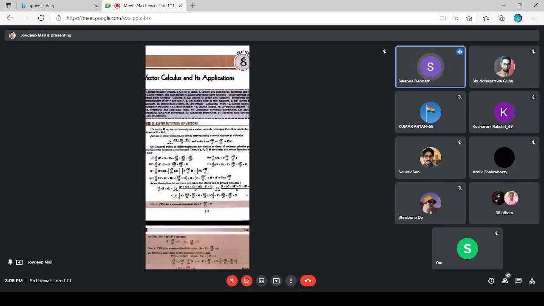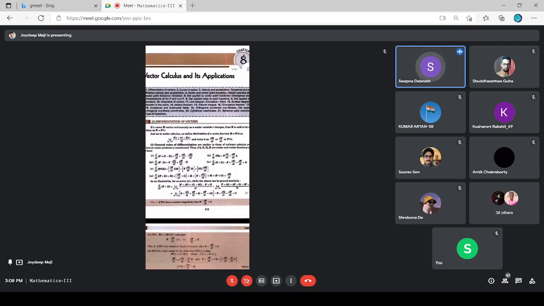Therefore, I will not discuss that one, since vector algebra will be taken by some other teacher. Therefore, this is the triple product of F, G, H. Therefore, d/dt of F, G, H, and these are 4 and 5. These are the scalar triple and vector triple products, and the derivative of that.